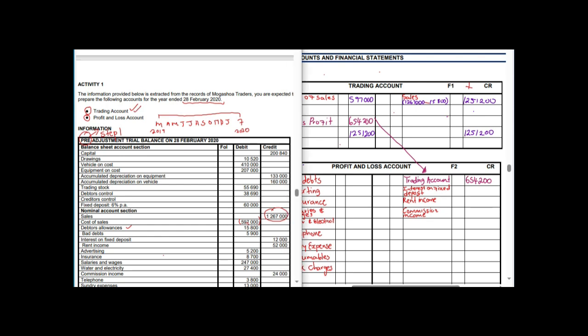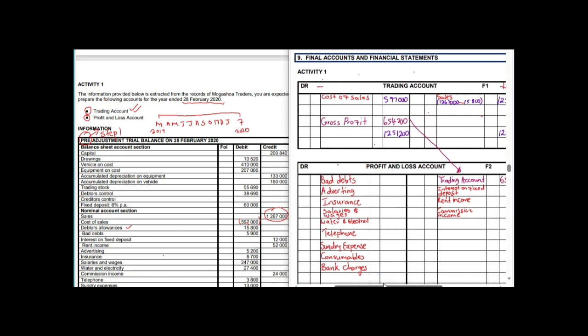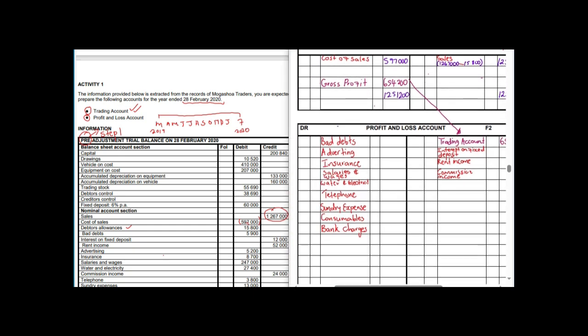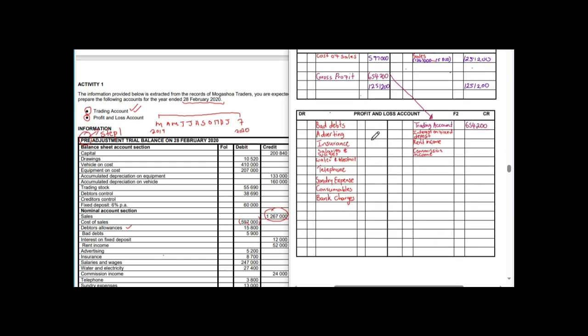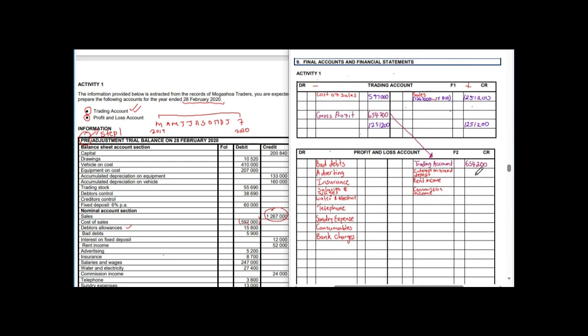Now we can go to our profit and loss account and complete it. The profit and loss account is nothing else but a ledger which shows us all the incomes of the business as well as the expenses of the business.